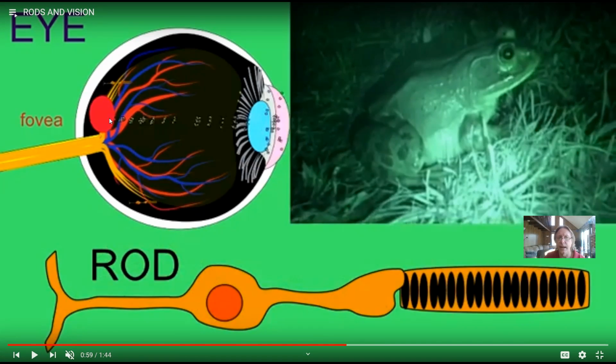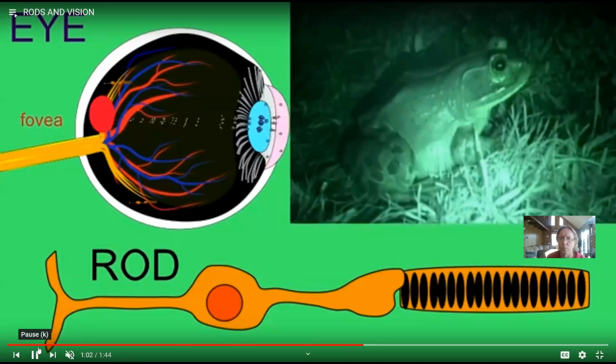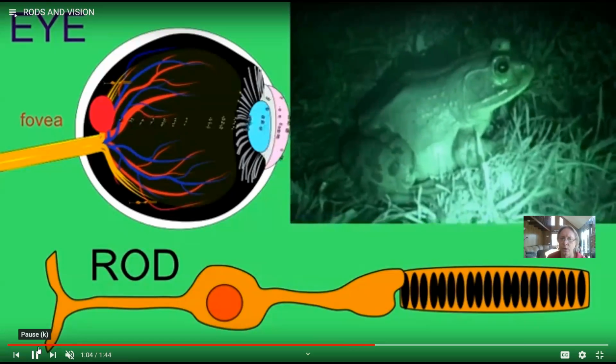But if you're looking straight at that star, the light from the star isn't hitting an area where there are lots of rods. So actually, if you look at the faint star and look a little to one side, you'll see it better because now light from that distant star would be hitting an area lateral to the fovea, where now we have more rods and cones.